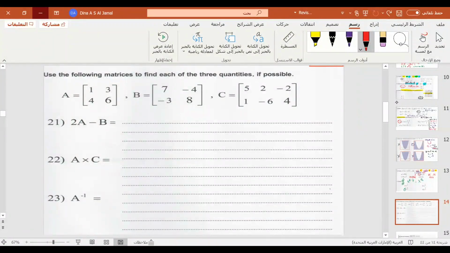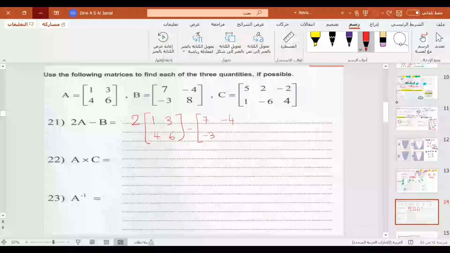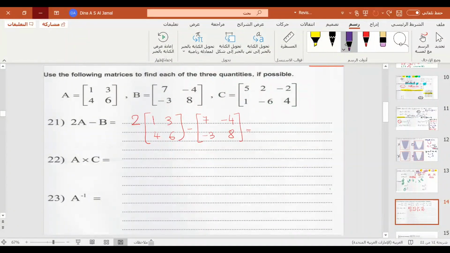Let's go to question 21. 2 multiplied by A, so directly I will write it, 1, 4, 3, 6, minus B. First of all, they are having same dimension, so I can perform the subtraction. But before the subtraction, I'm having scalar multiplication.